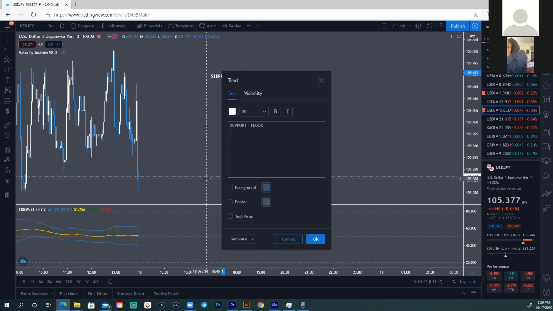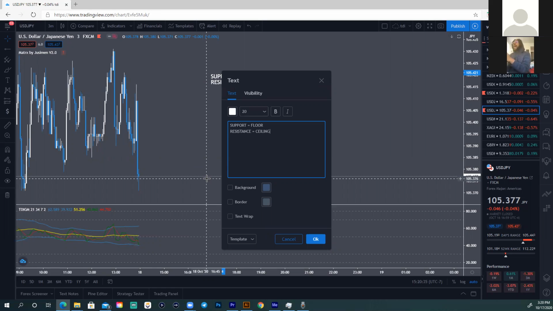Resistance to me is like a ceiling. This is like a cap as to how high the market can go for a specific currency pair. That means price struggles to get above a certain price level. That's my basic definition of support and resistance.